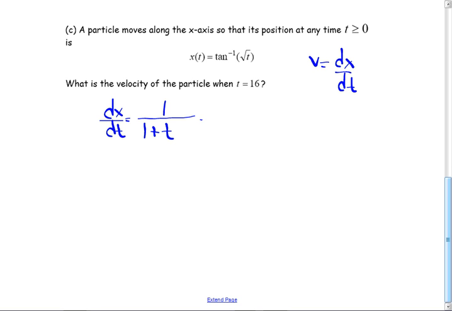Okay, guys in the back? This is t to the 1 half. Okay, let's do it. The square root of t squared, yes. Then the derivative of t to the 1 half, which is 1 half.